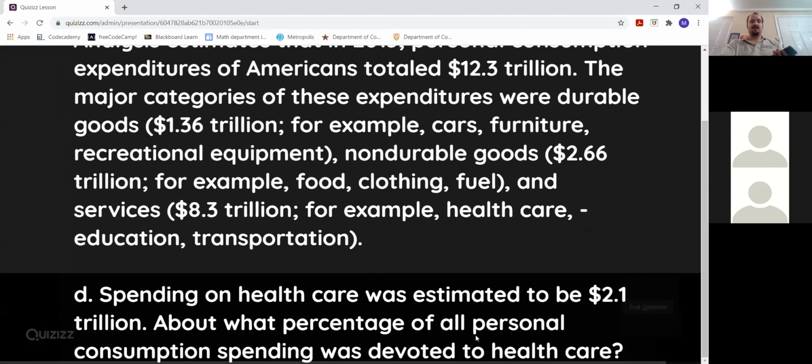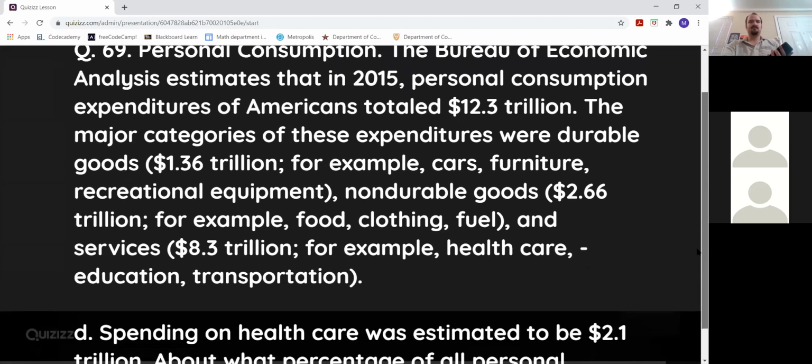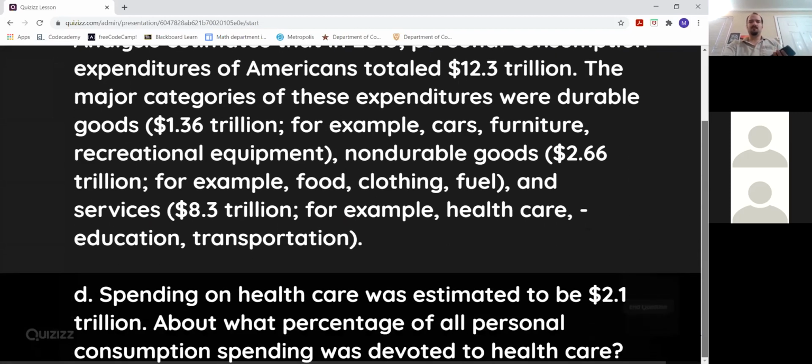About what percentage of all personal consumption spending was healthcare? Did they give us a number for healthcare? 2.1 trillion. So spending on healthcare was 2.1 trillion. About what percentage of all personal consumption would that be? So nearest percent.